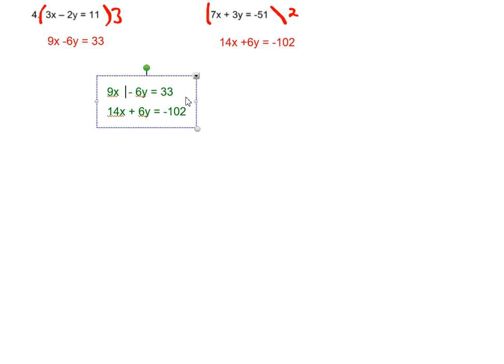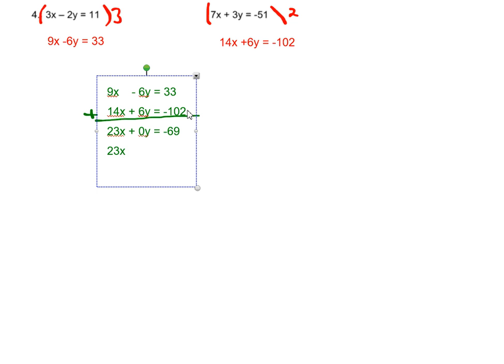I'm going to make sure that these line up. When I do this, I need to know if I'm adding or subtracting these equations. In this case, I am going to be adding them, because negative 6y plus 6y is going to give me 0. So we're going to add these equations together. 9x plus 14x gives me 23x, plus negative 6y plus 6y is 0y, and 33 plus negative 102 is going to give me negative 69.